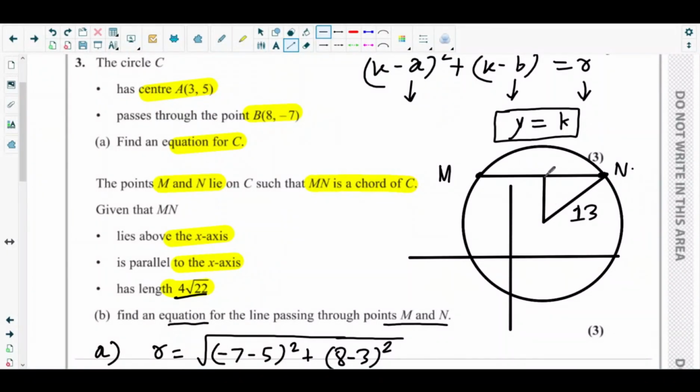Now consider this line. Do we know its value? We don't know, and we need this one. Our main aim here is to find the y coordinate of point N. If we can figure out the y coordinate of point N, then we are able to find the equation of line MN.